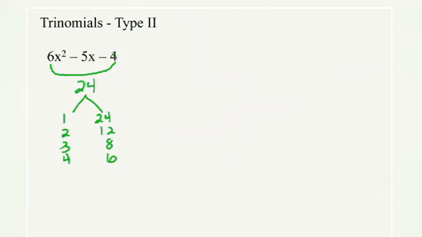It's the factors of 24 that subtract to give us 5. So when you look at these factors, you'll notice that there is only one, and that would be the 3 and the 8, that subtract to give us 5. That's right. The 3 multiplied by 8 gives us the 24, and 8 minus 3 is 5. So those are the two numbers we're looking for.